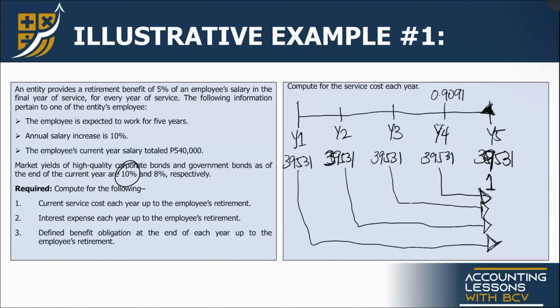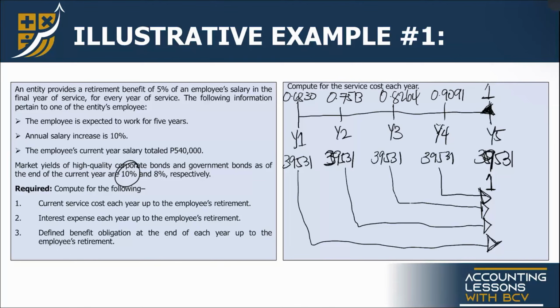For year 3, 0.8264. For year 2, 0.7513. And for year 1, 0.6830. Eh sir, ano yung value nung sa year 5? 1. Okay? Yan lang. Are we all clear?